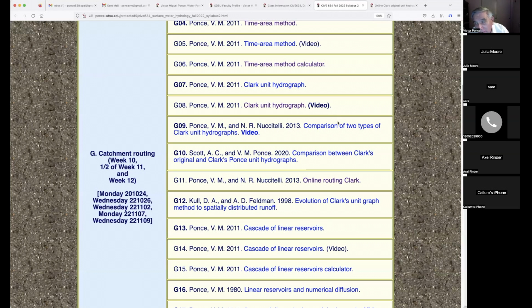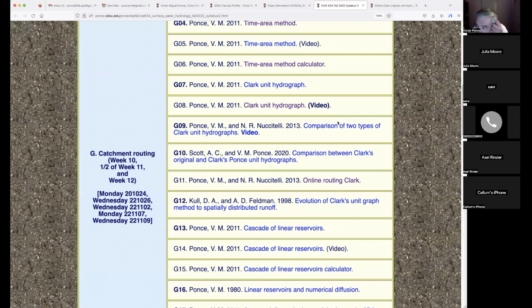So we covered first the time area method, then the Clark unit hydrograph, then the Cascade of linear reservoirs, and that stops the hydrologic methods. And then we moved on to kinematic and diffusion routing, which at the time, 1989, I had just developed. I just developed the diffusion wave routing method in 1986. So I obviously included it in my book.